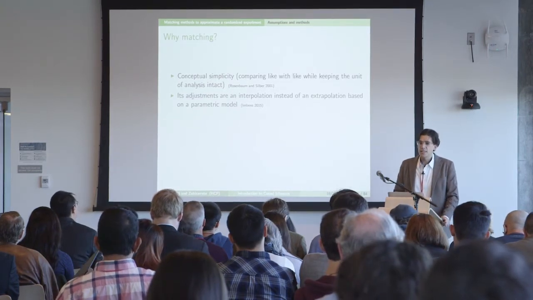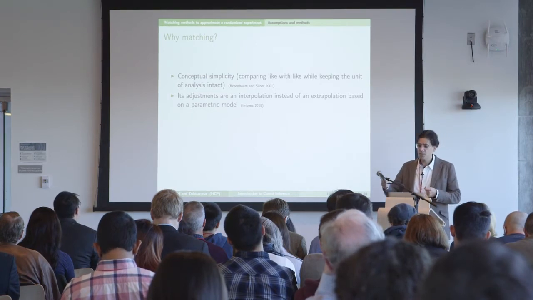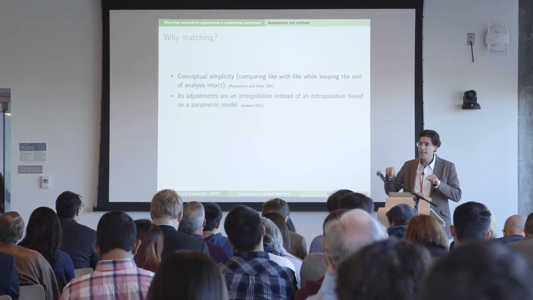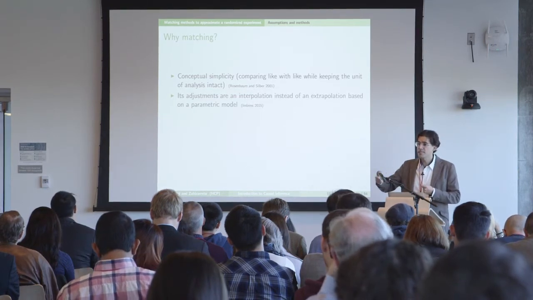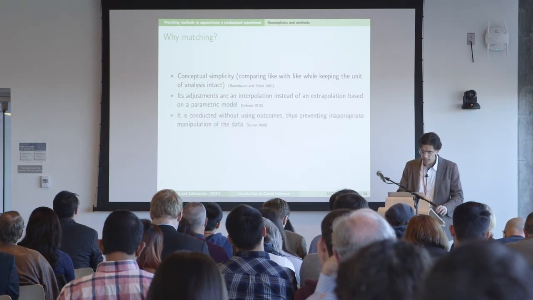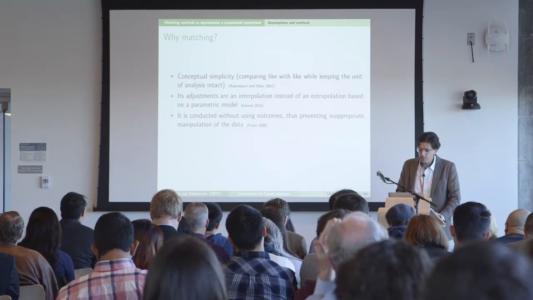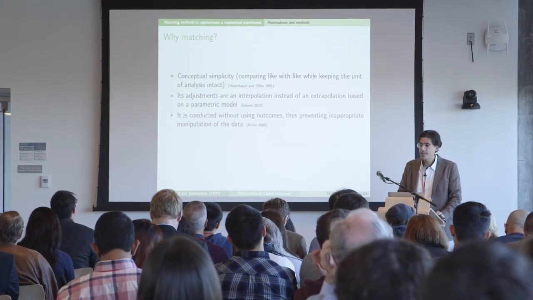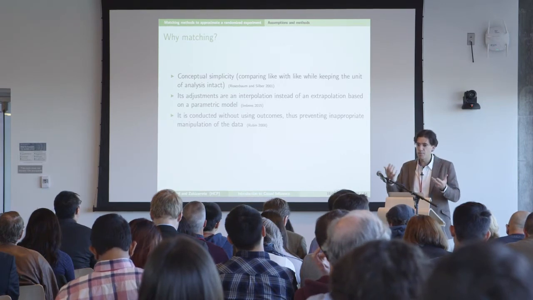Second, the adjustments made by matching for covariates are an interpolation based on the available data as opposed to an extrapolation based on a model that goes beyond the support of the data. Third, we're going to use matching without using the outcomes, therefore preventing selecting adjustments that better suit our hypothesis.